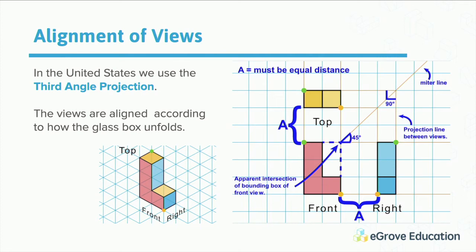When you draw these, make sure that the dimensions from the top view and the right view are the same. We want to start drawing the top view the same distance away from the front view as we draw the right side view. So distance A is the same in both of those directions, and then we have a 45-degree angle line that helps us project the views.